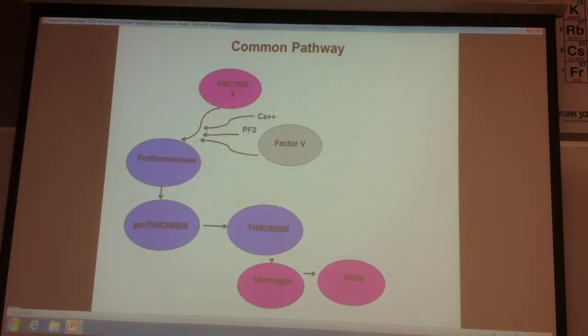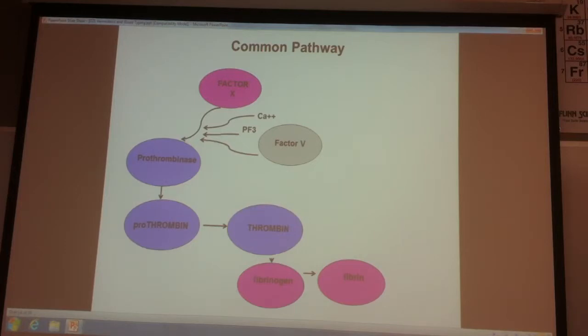So now we have the common pathway. We have factor 10. Again, this is in the blood. And as we'll see in a moment, many of these factors are made by the liver. They're proteins, they're enzymes, and it's part of the synthesis function of the liver. So calcium, again, is required.